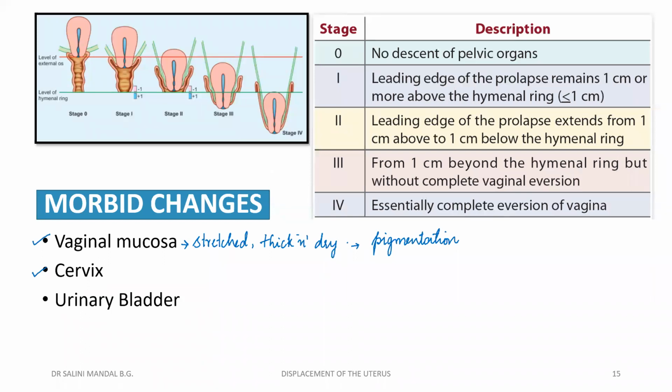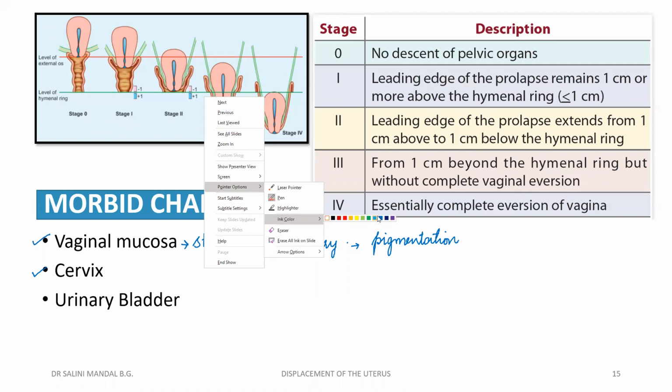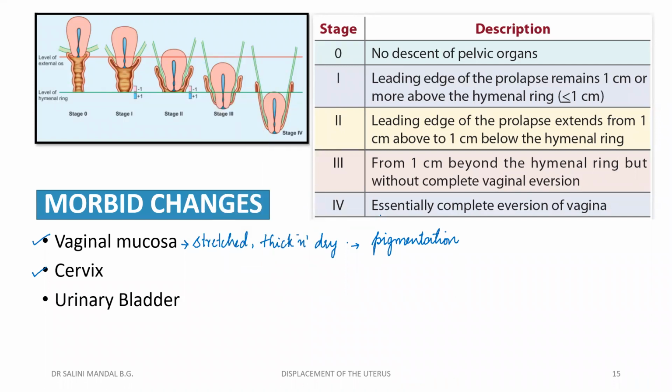Next one here is about the bladder. Talking about the urinary bladder, there is going to be incomplete emptying of the bladder due to the sharp angulation of the urethra against the pubourethral ligament during straining. So what you need to remember is incomplete emptying.